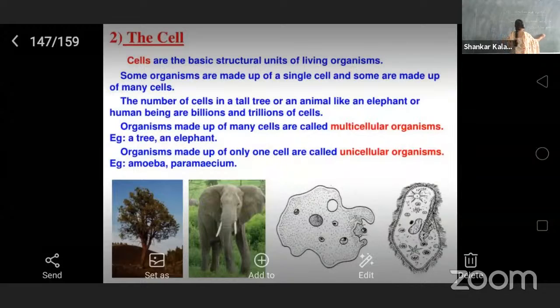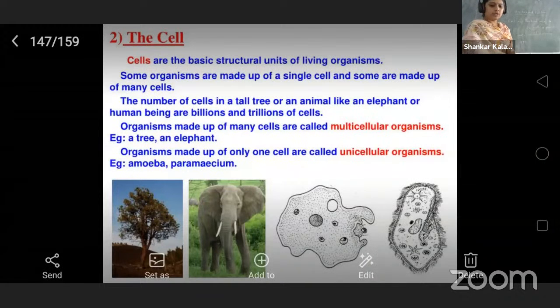I have given the example: all living beings which have a big body, like human beings, animals and trees, and unicellular means amoeba. These names you have heard, amoeba and paramecium, are also examples of unicellular organisms.